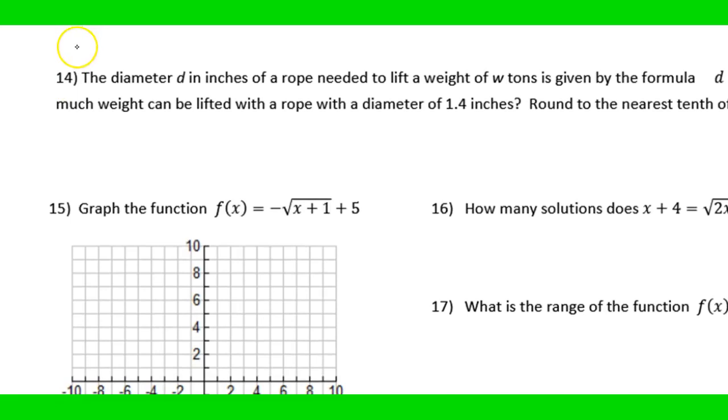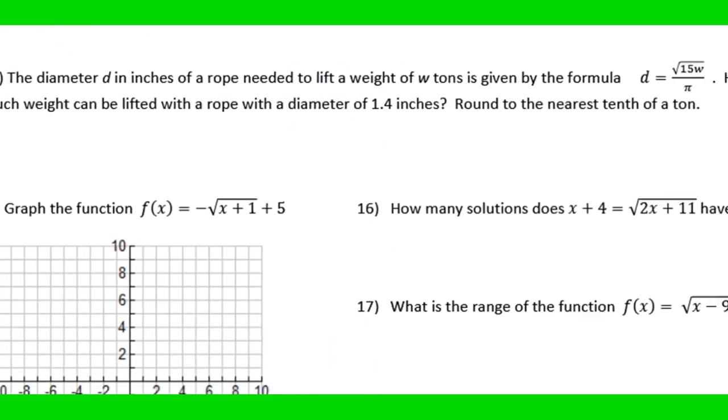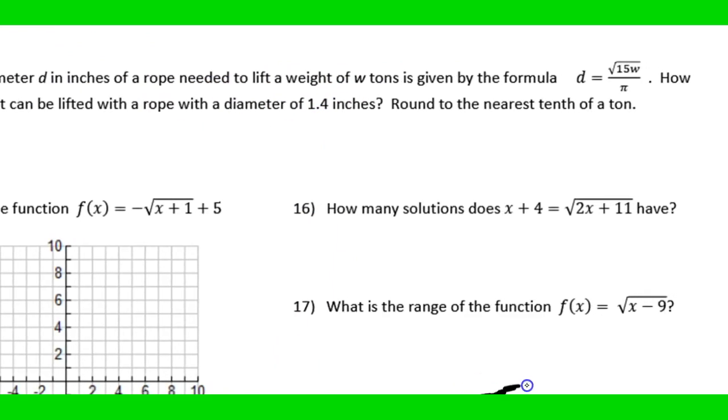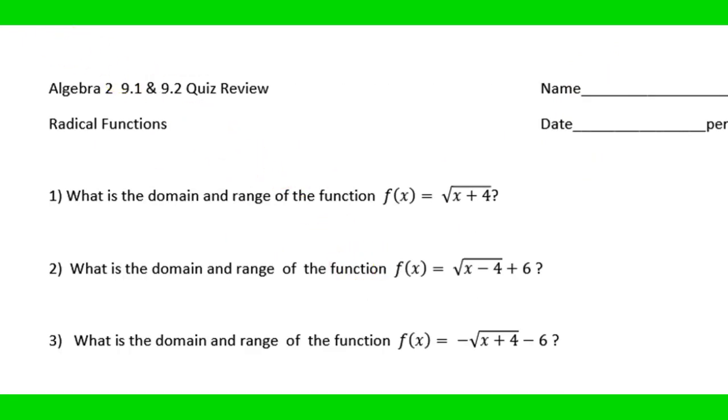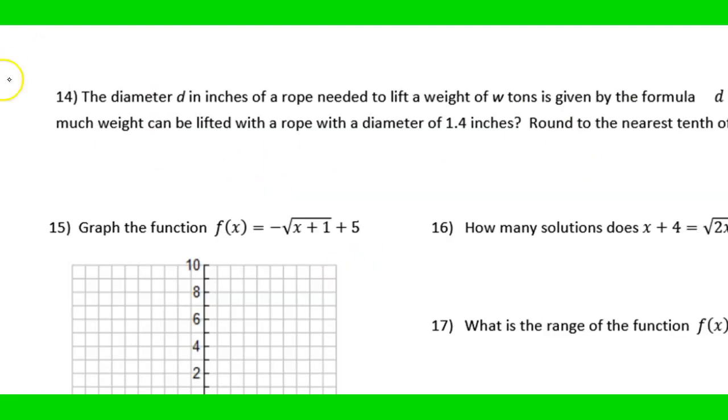Number 14. The diameter D in inches of a rope needed to lift the weight of W tons is given by that formula. How much weight can be lifted with a rope that is a diameter of 1.4 inches?